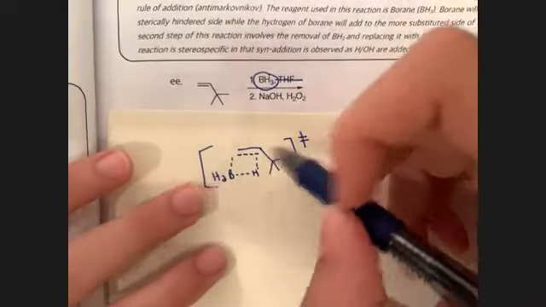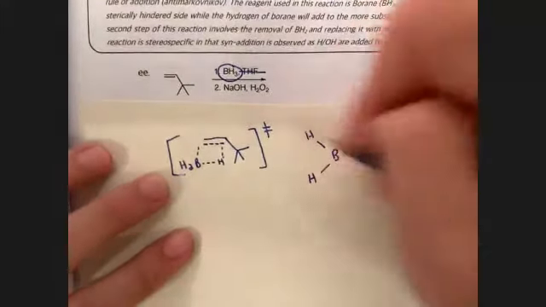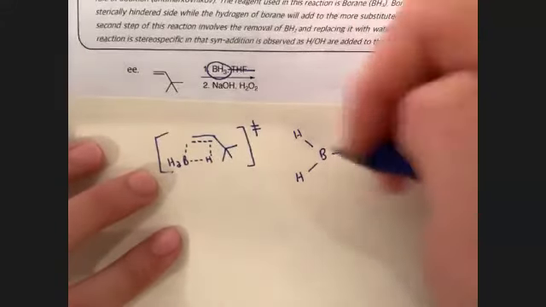The BH2 fragment. This is really important, this structure. Make sure you guys can recognize and draw these intermediates. What it's basically saying here is that this borane is actually one of the exceptions to the octet rule, in the sense that it's allowed to be electron deficient. There's only 6 valence electrons here. And it's trigonal planar as such.